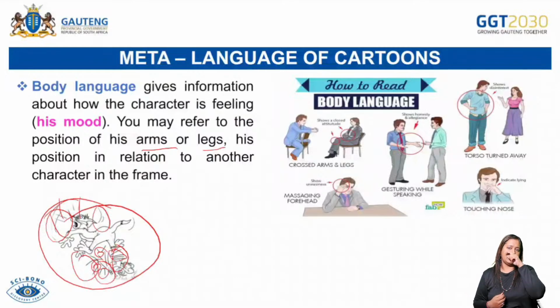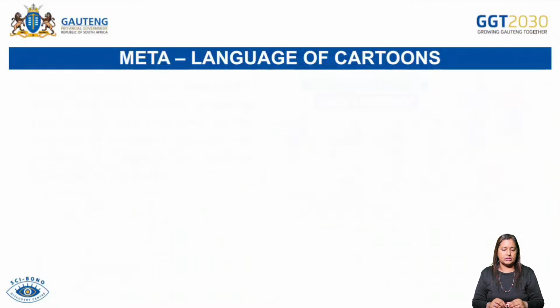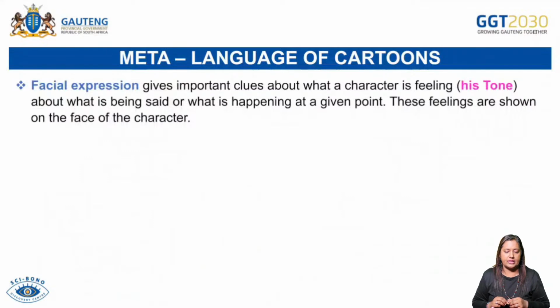If they, for example, are touching their nose, that could be indicative of lying about something, okay? If you're having a serious conversation with somebody. There's also the stance of the way in which they're standing or they're sitting could also give up certain ideas that we hold about the body language of the character.